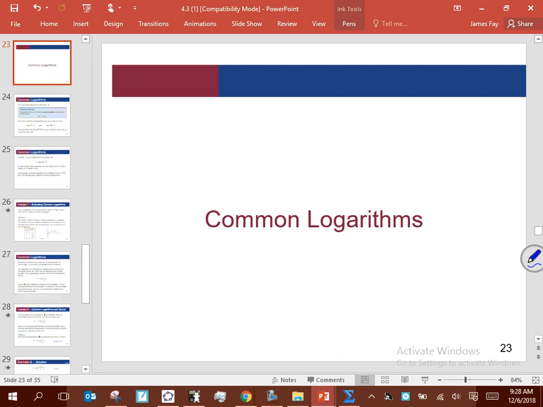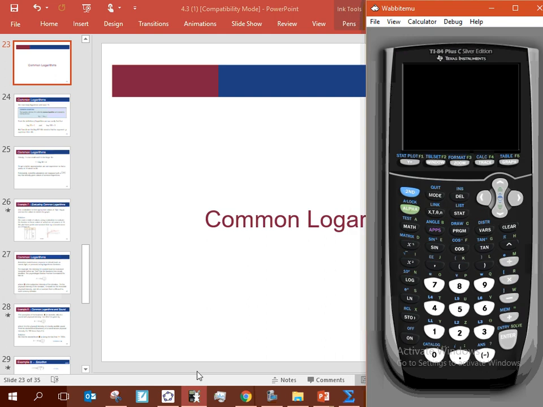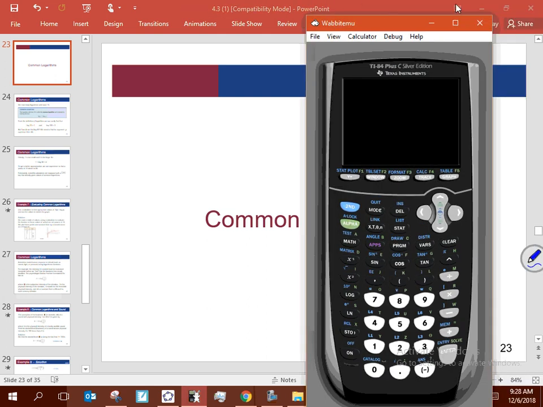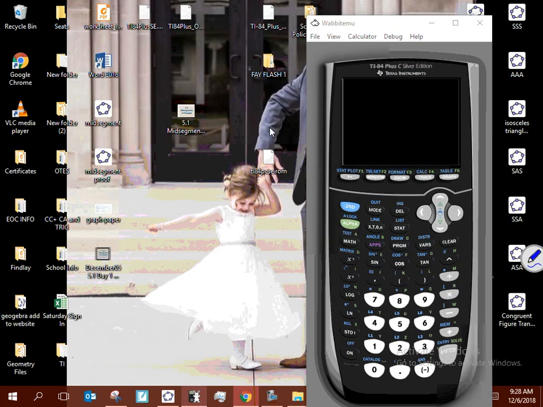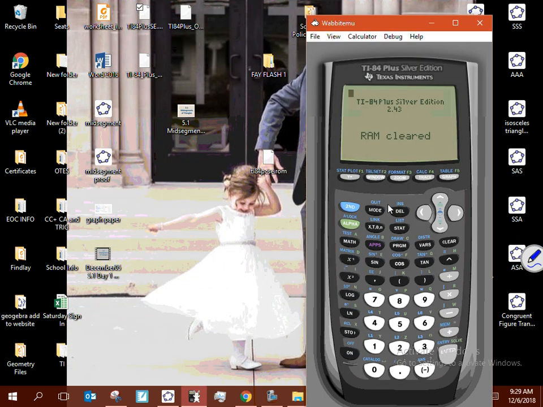All right. So common logarithms, that's talking about the base being 10. If you guys grab your calculator now, you've got varying calculators. So I've got a couple different ROMs here. If you have this calculator, it's the most basic version of your TI.